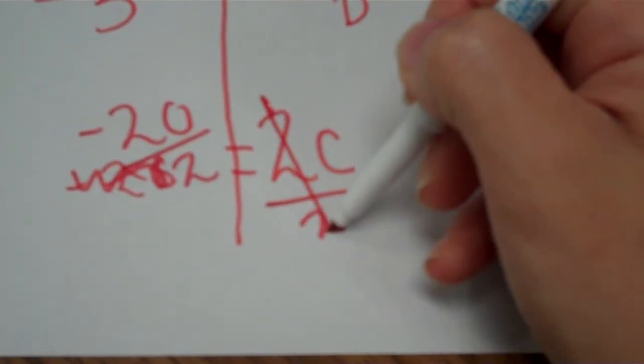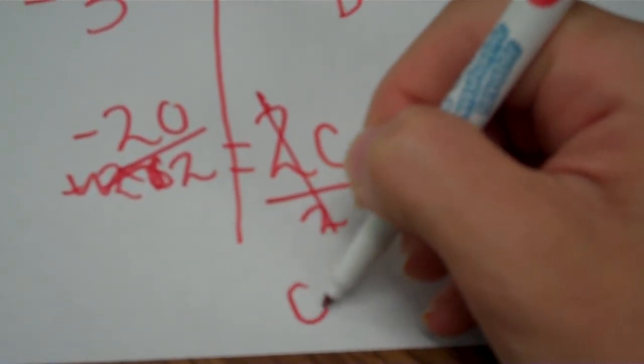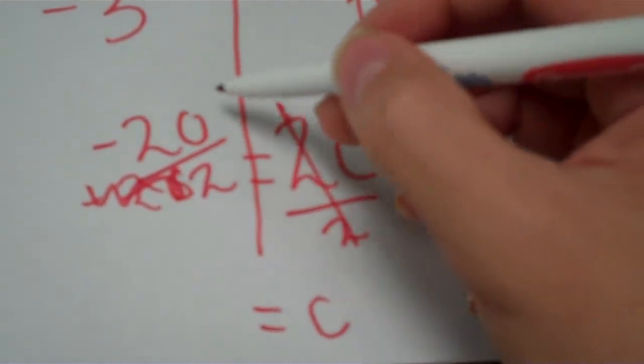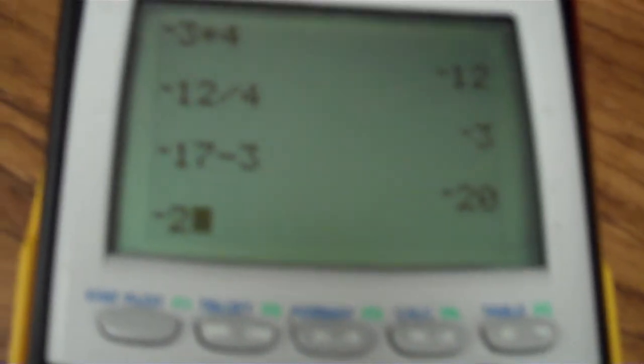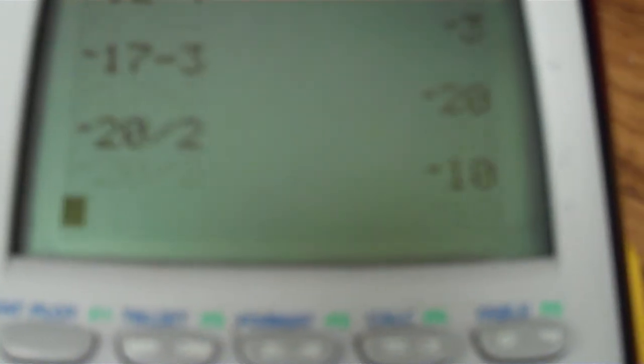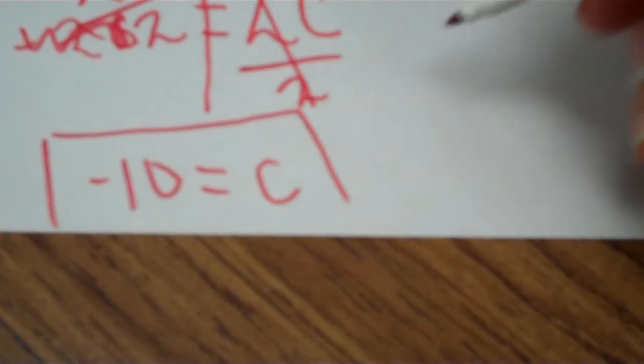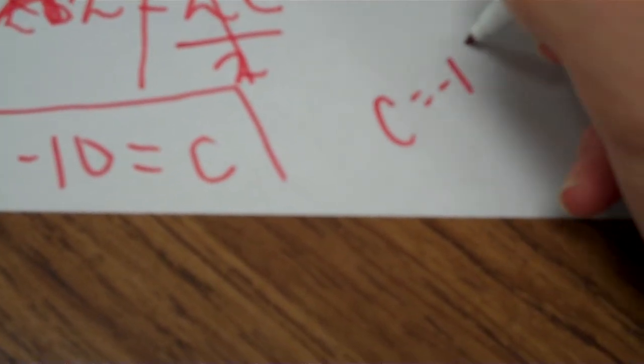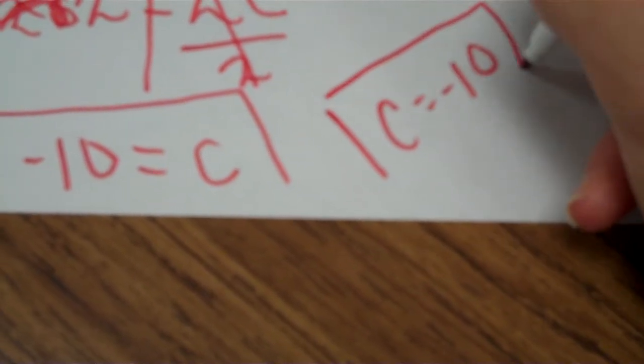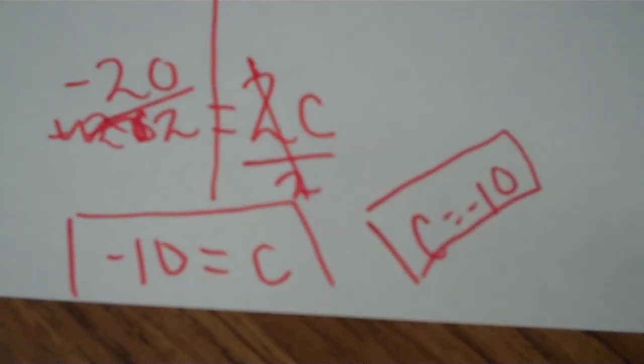So, dividing by 2. This goes away because it's opposite. You have a C here equals negative 20 divided by 2 is negative 10. So we put negative 10 here. And you can box that up, or some people rewrite it and put C equals negative 10. Okay? Either way, it doesn't matter to me. You'll see this more often, but it's all the same.